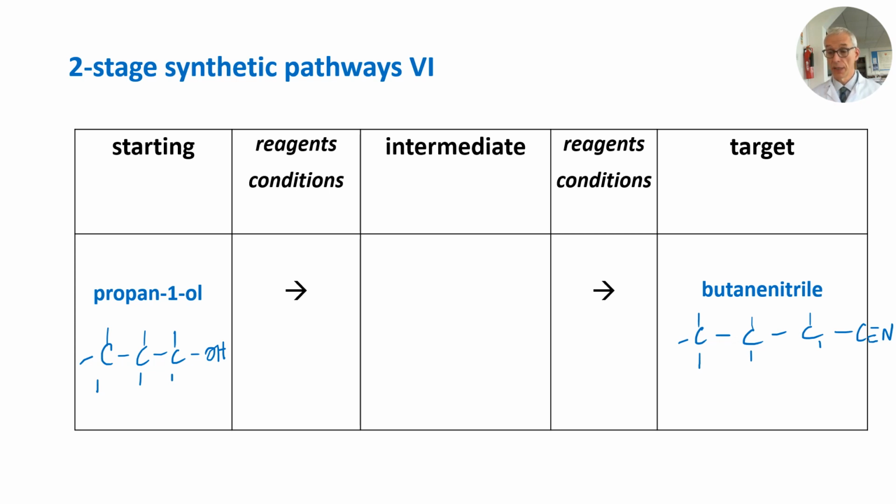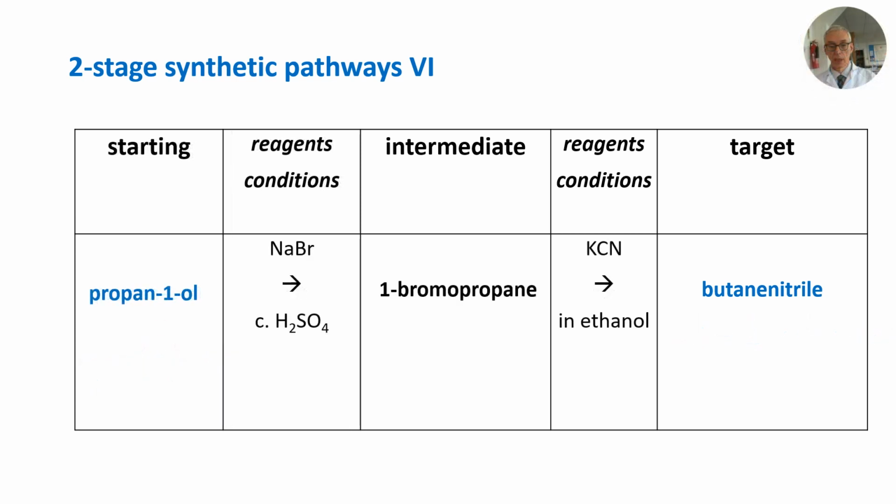Okay, I'm about to reveal. So butane nitrile can be formed from 1-bromopropane. By a substitution reaction, the cyanide ion will replace the bromine atom within the molecule. So KCN in ethanol will go to butane nitrile, as drawn on the previous slide.